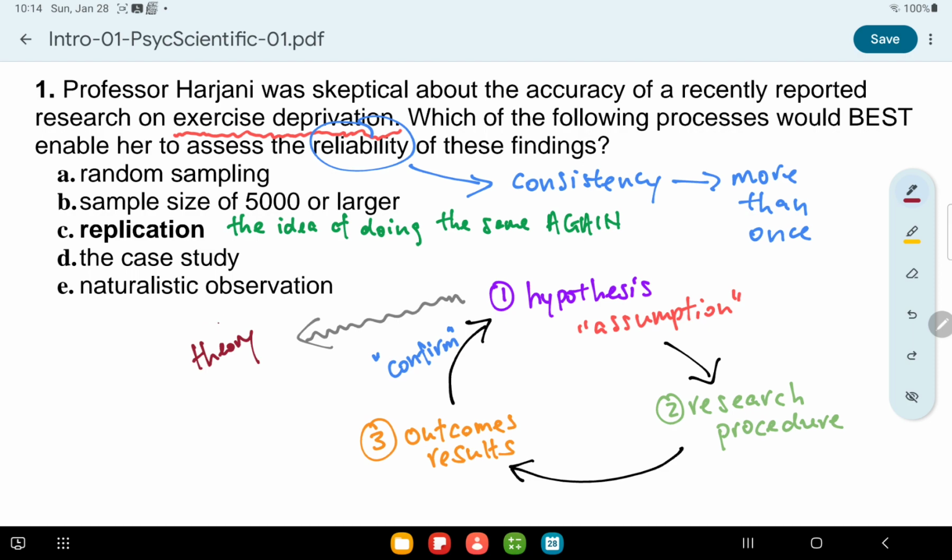Now, this theory, to begin with, if we've only looked at the hypothesis once in a scientific fashion, while it's not necessarily an inferior theory, to increase the strength of the theory, to increase our level of confidence that what the theory says is the truth or describes reality accurately, we might want to consider replication.